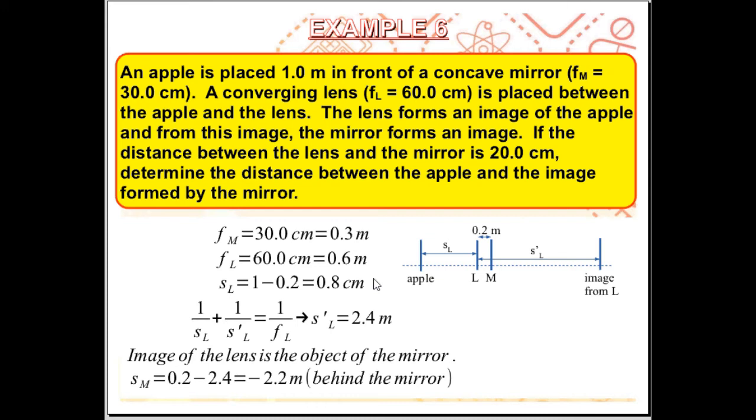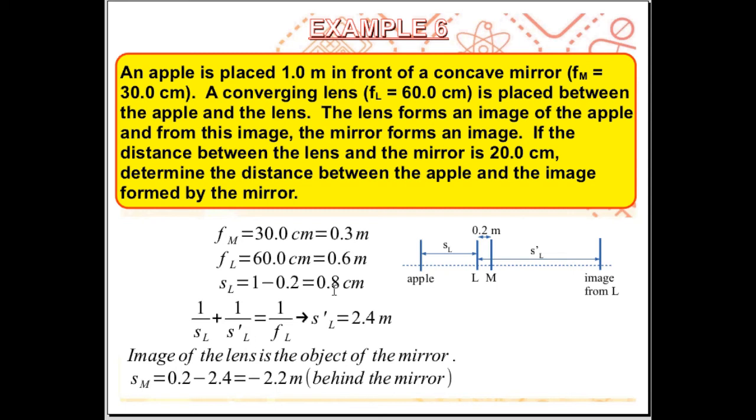Using now our equation for image formation, 1 over SL plus 1 over S prime L is equal to 1 over FL. We know FL. We know SL. We are able to calculate SL prime. So again, FL is 0.6 meters.